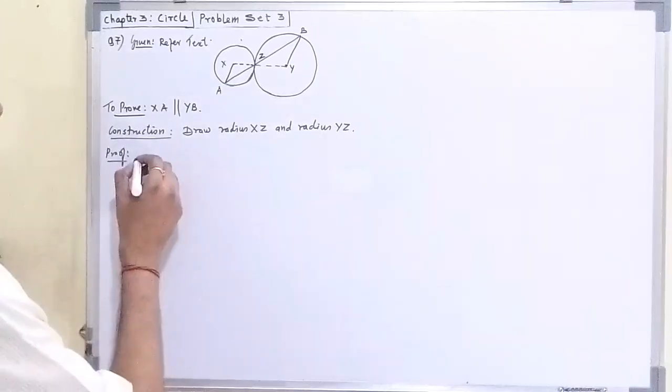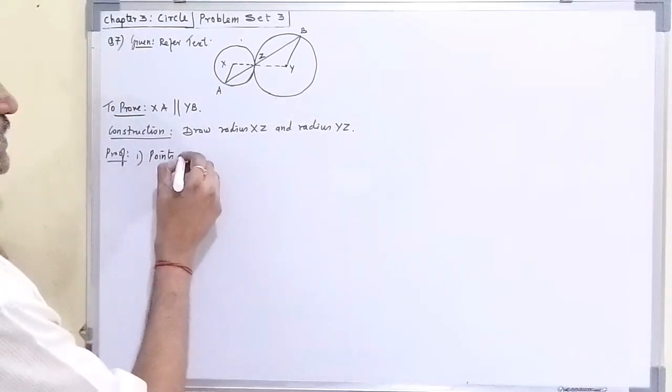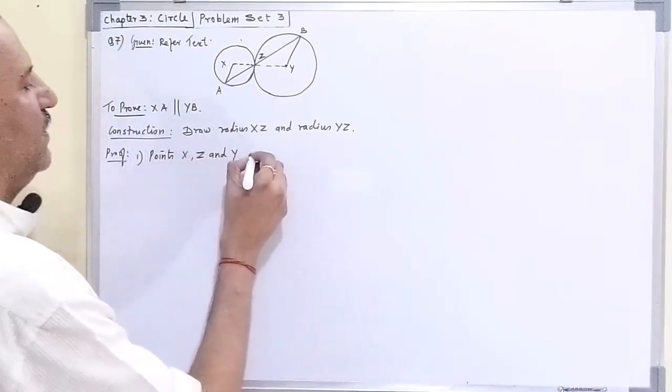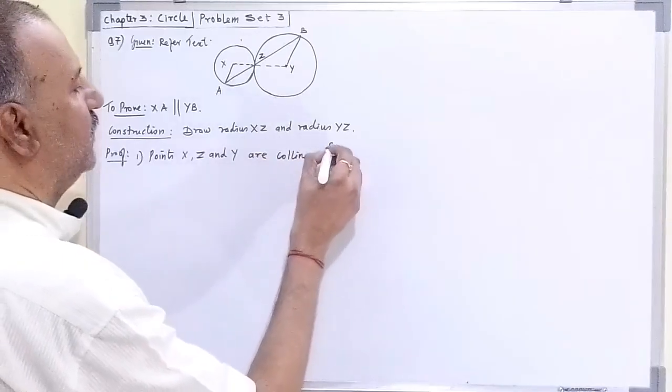पहले वो लिख लेते हैं. Points X, Z and Y are collinear. Reason लिखो.